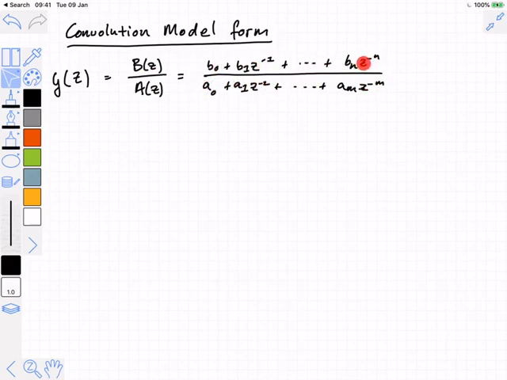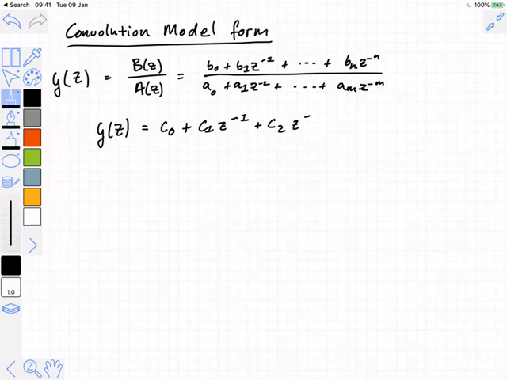you should be familiar with the idea that if this were the representation of a signal, we could use our Taylor series expansion to write that signal as a straight sum. g of z is equal to some constant c0 plus c1 times z to the minus 1 plus c2 z to the minus 2 and so on.